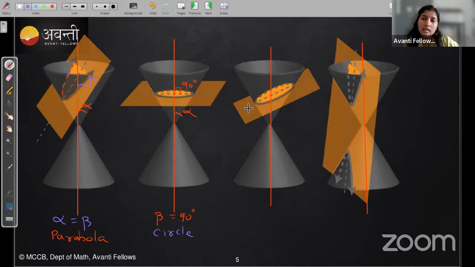Fine. So next, here you can observe this is our angle alpha and this is angle beta.